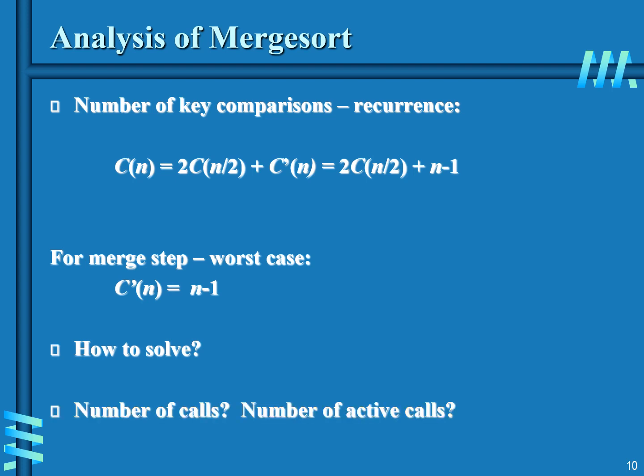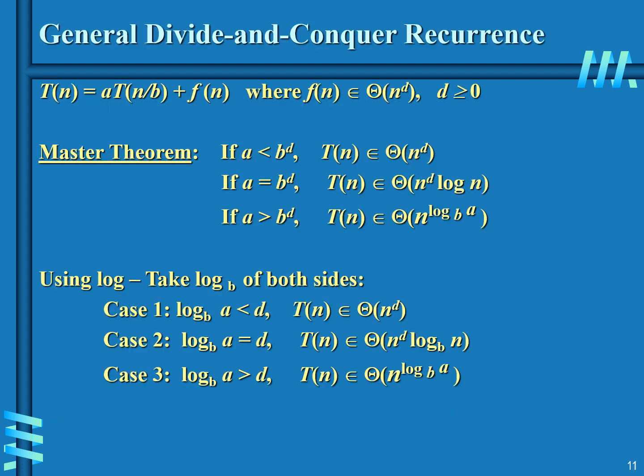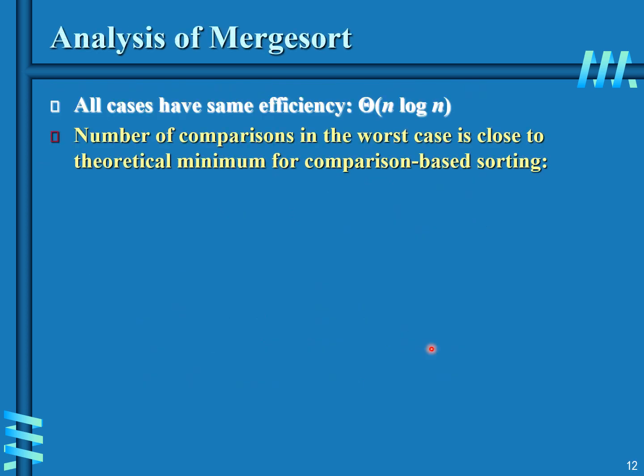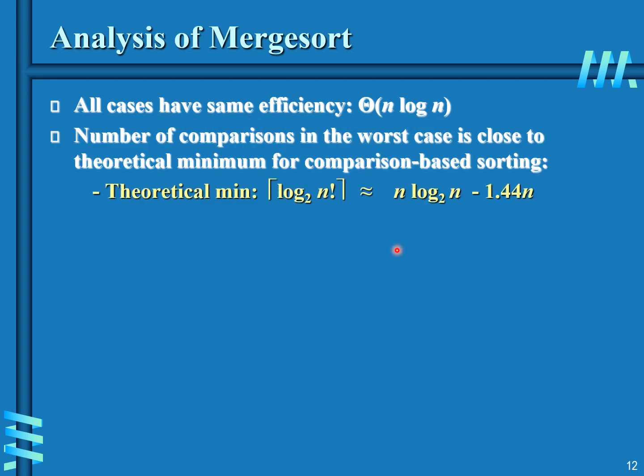So how are we going to solve this? By applying the master theorem, which we have already discussed. Once again I'll repeat: all these cases have the same efficiency, theta of n log n, because a is equal to 2 and b is also 2.